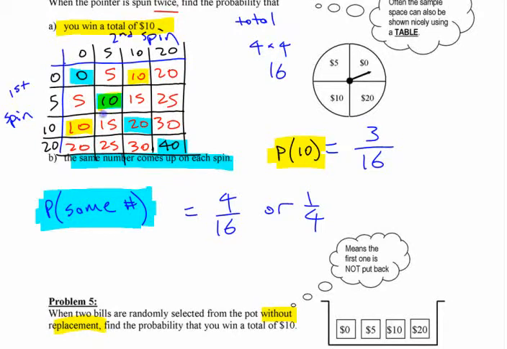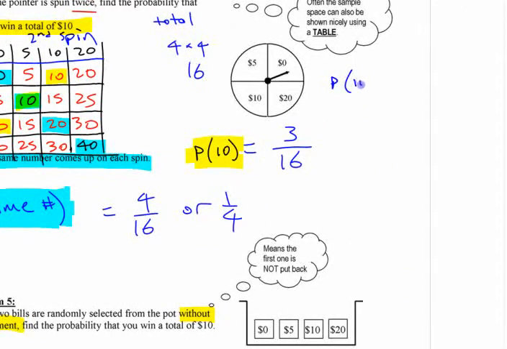Incidentally, if you look at the way I just did that, we're going to look at things in the future here that involve the word or. I think if I had asked you this, let's do this over here. Probability of getting a $10 or the same number comes up.